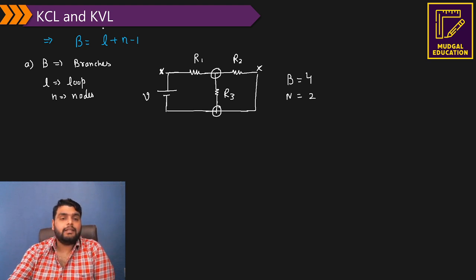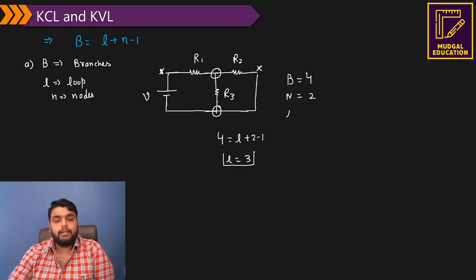Now we can calculate the number of loops. Number of branches is 4, so 4 equals loop plus 2 minus 1, so the loop comes out to be 3. If you check it carefully, the loop comes out to be 3. You can also check here: this is one loop L1, this is the second loop L2, and this is the third loop L3.